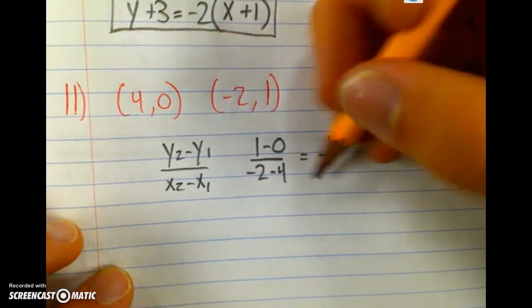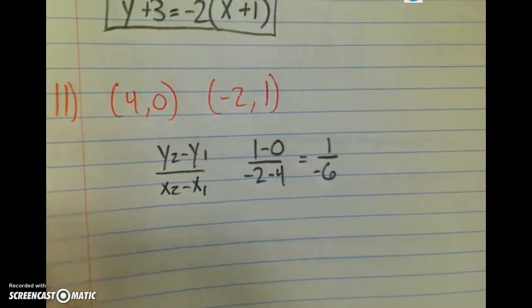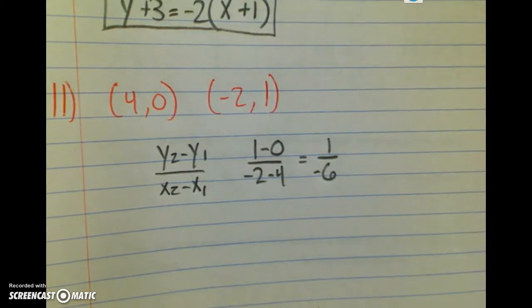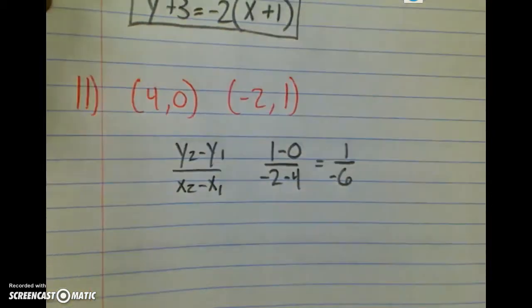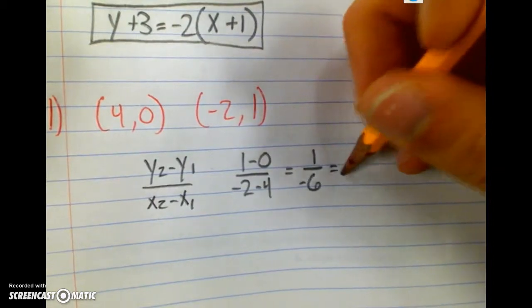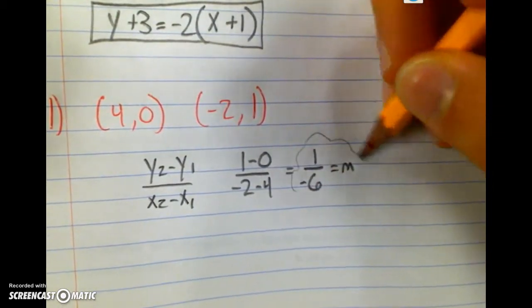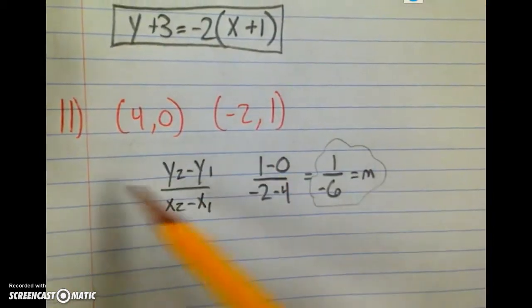That's 1 over negative 6. So that's going to be my slope right there. Now I can use this as my slope and either one of my coordinate points.